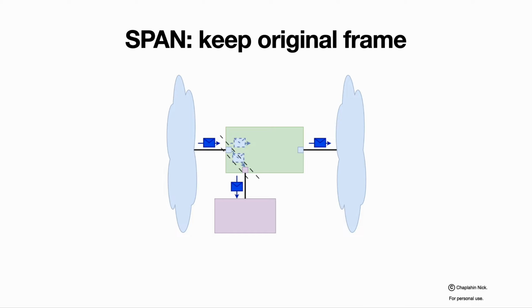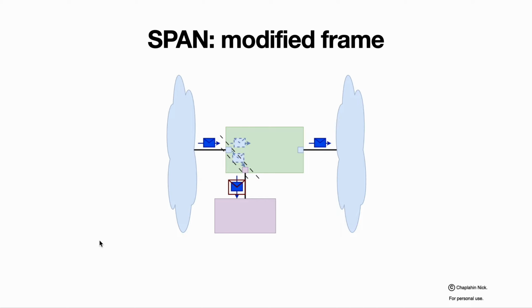But some vendors don't want or cannot support this, so they can allow a destination port to add, for example, VLAN tags to packets that were captured untagged. Depends. Read your documentation carefully.